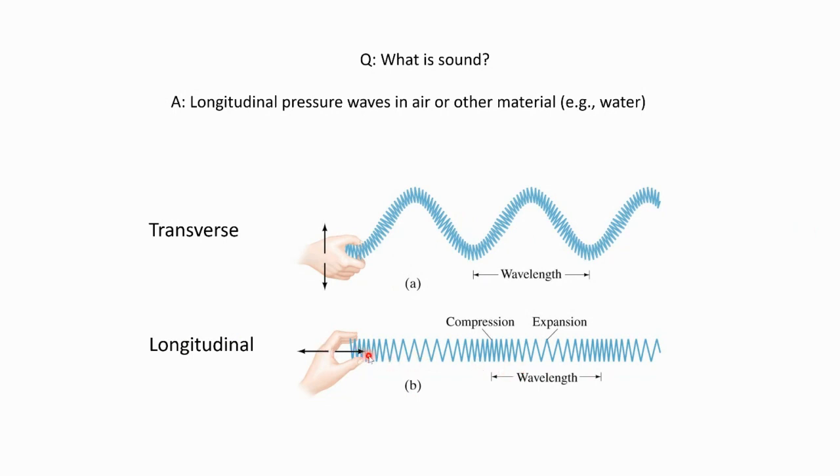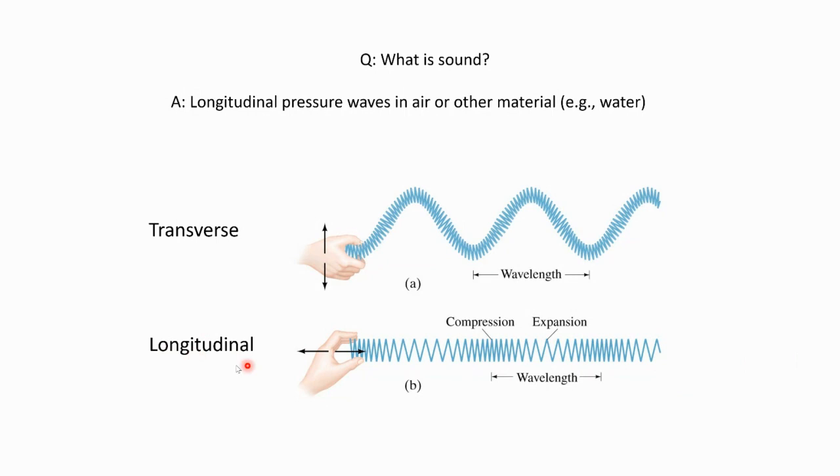You take the end of the slinky that's stretched and you move it back and forth. So you create these regions where the slinky is compressed and regions where it's expanded. And so the motion of the slinky is left and right, and the motion of the wave is also left and right. Well, in this case, to the right. So the region of compression migrates to the right. So that's a longitudinal wave.